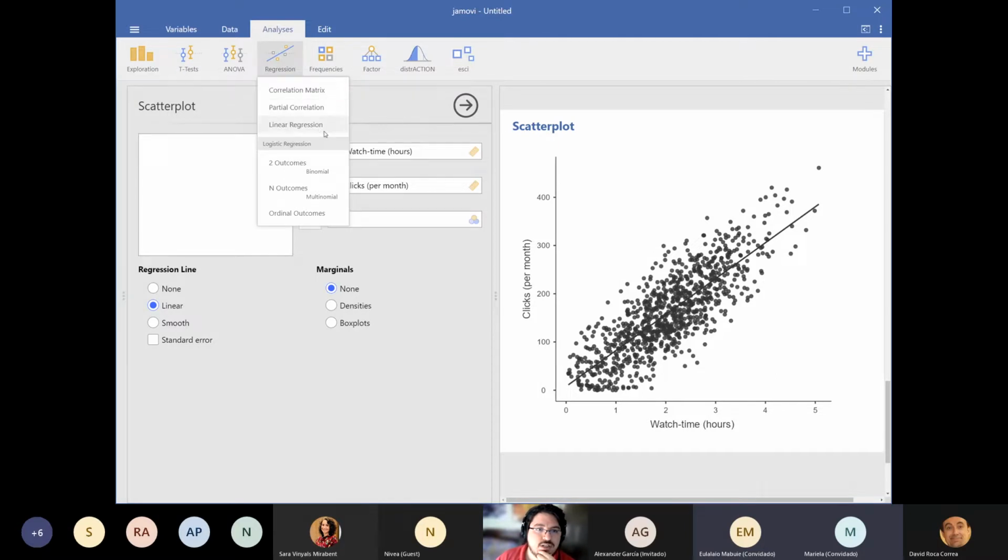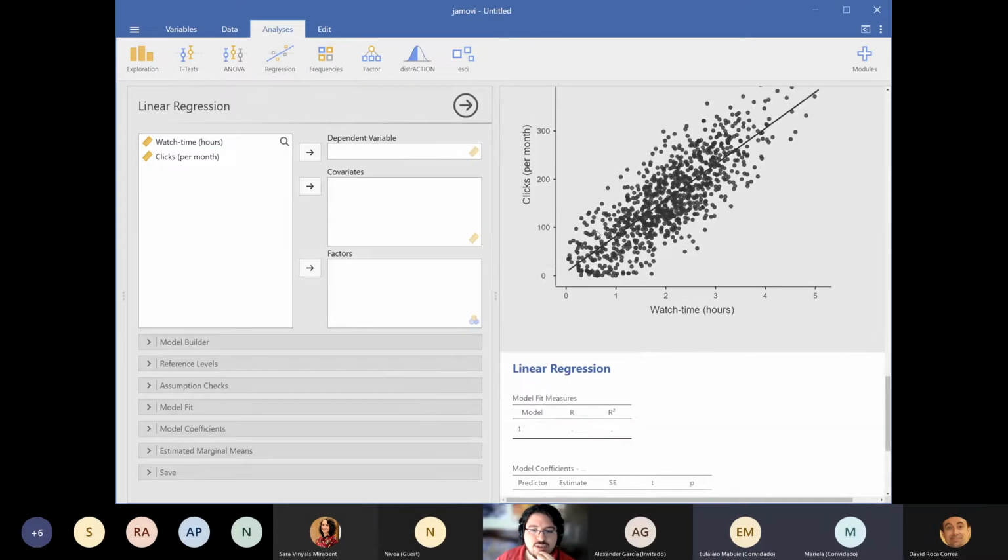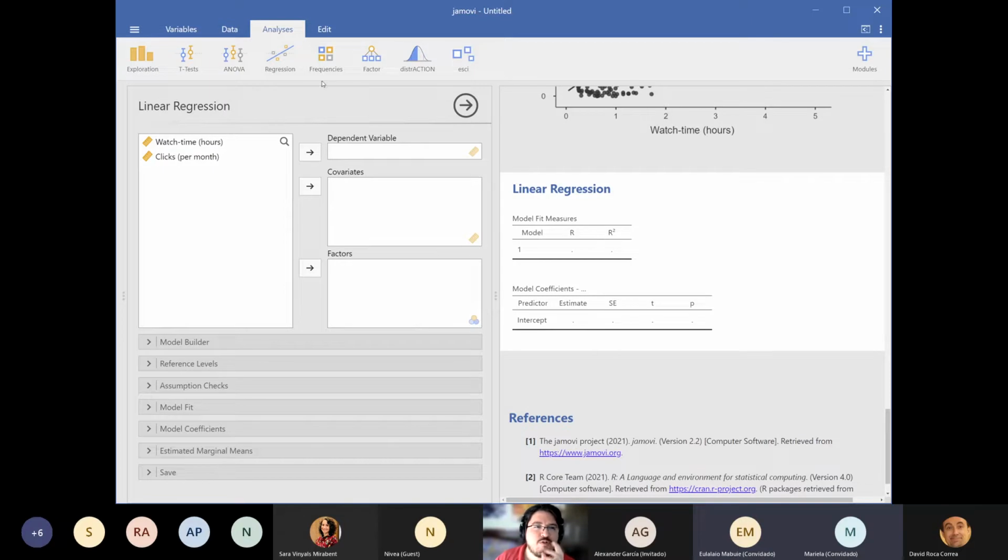So if we go back to linear regression, if we go for the first time to the linear regression option in the regression tools, we can assign what we think is the dependent variable and what we think are the independent variables here in covariates.